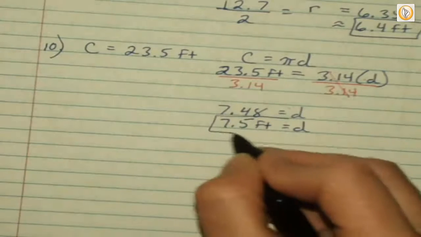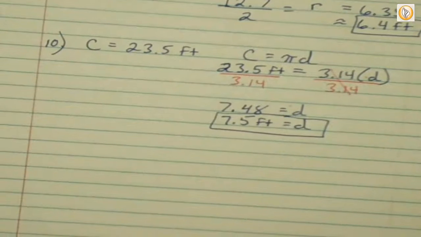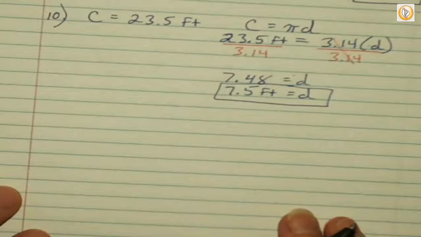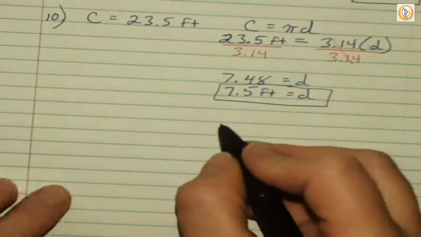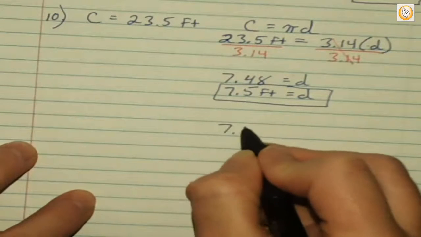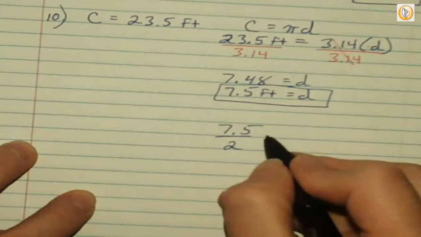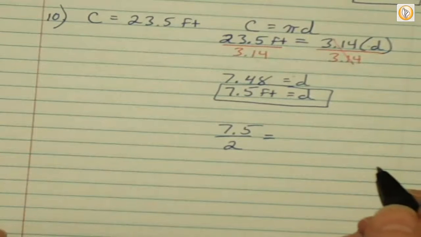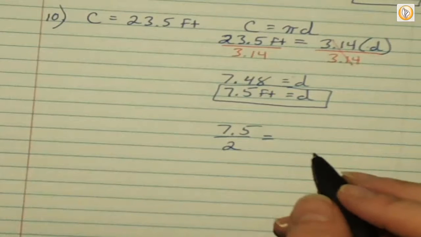There's our diameter. Now, Emily, how do I find my radius? That's right. We're going to divide it by 2. And again, all of you, even with calculators, will show all your work or it's wrong. And what do you get, Gabby?